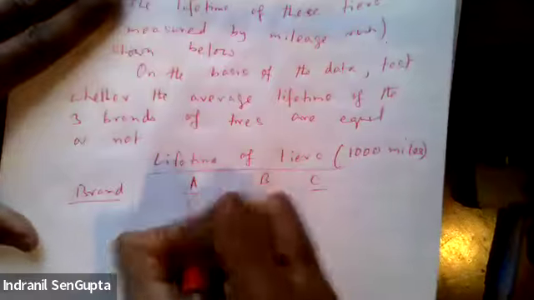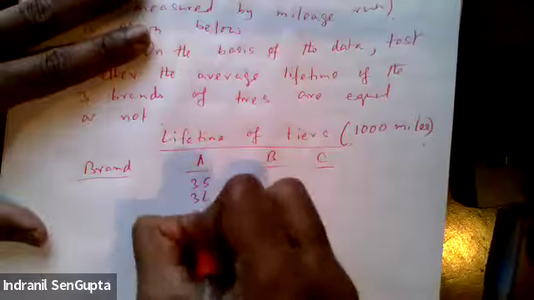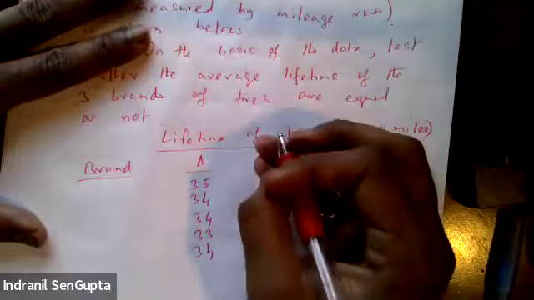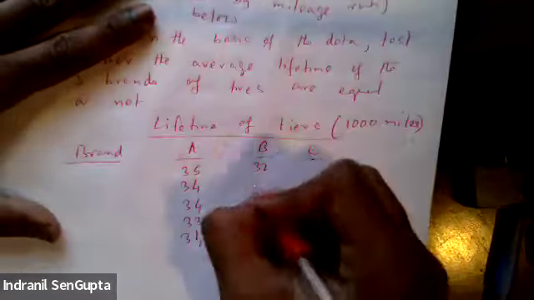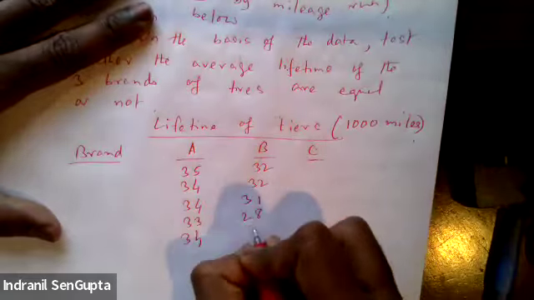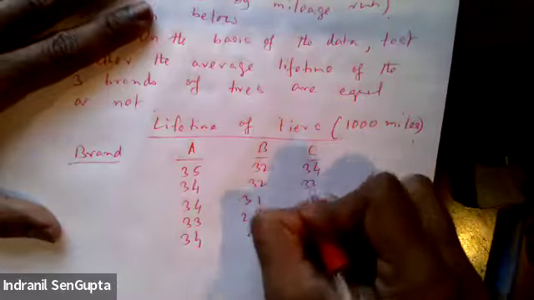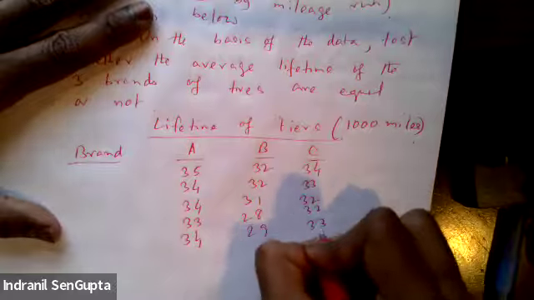The first one is 35, 34, 34, 33, 34. Here it's 32, 32, 31, 28, 29. Here it's 34, 33, 32, 32, 33.